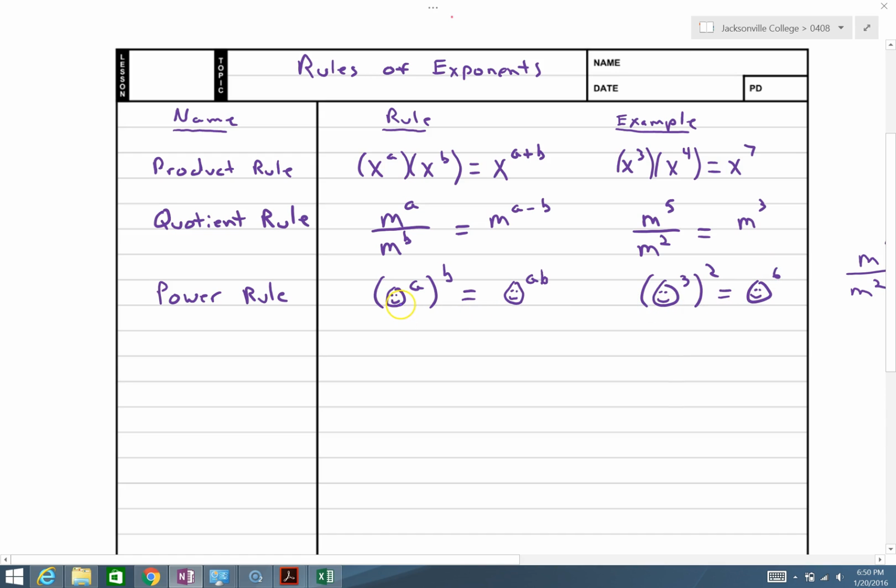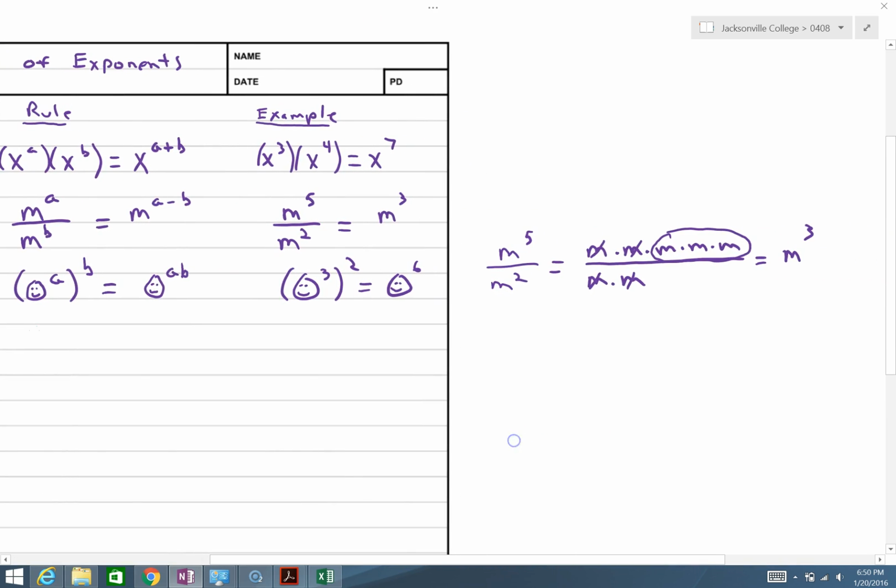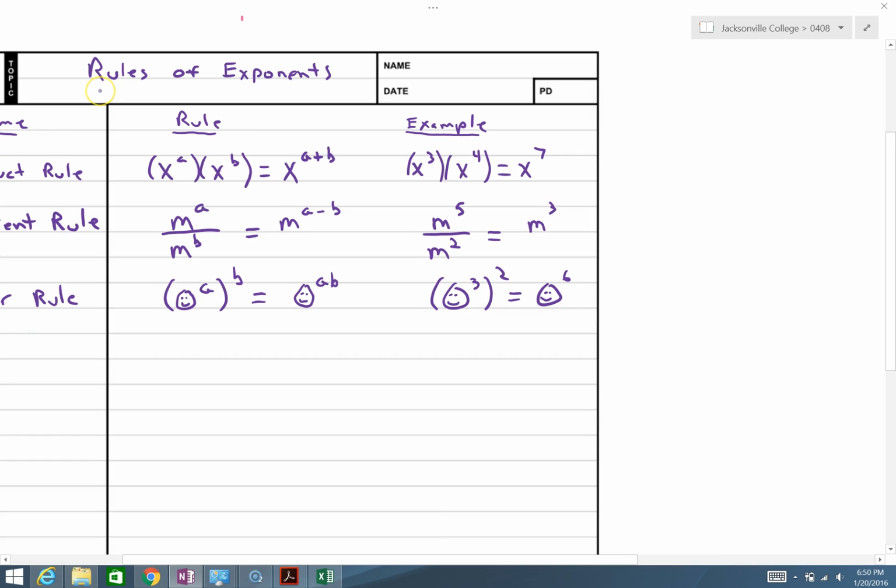And here I use smiley face. It's just a symbol, just like m. It's a symbol to represent some unknown number. You can use anything that you want to use for a variable. All right, why is that? Well, let's see if we can further illustrate that point. So, when I say smiley face to the third, and I square that, when I say square, it means this thing times itself.